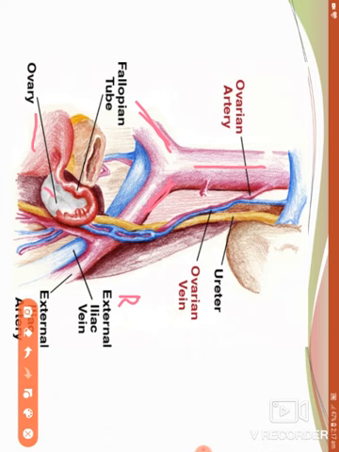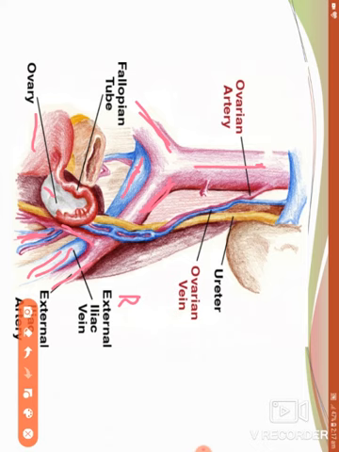This right common iliac divides into the right external iliac and the internal iliac artery. See, this one is the common iliac vein. This is the external iliac and this is the internal iliac. The external iliac and internal iliac join to form the common iliac vein on both sides.